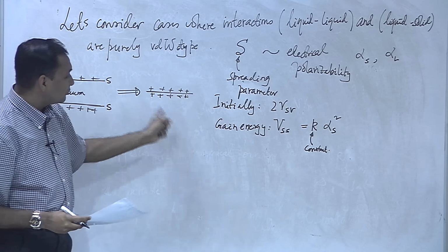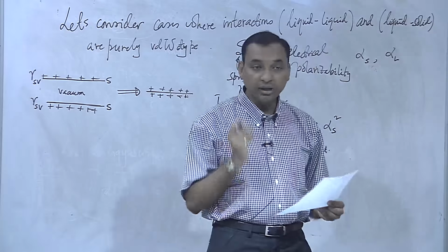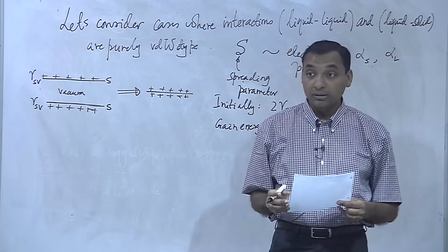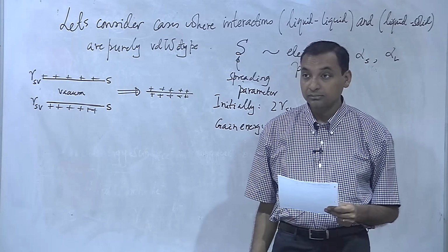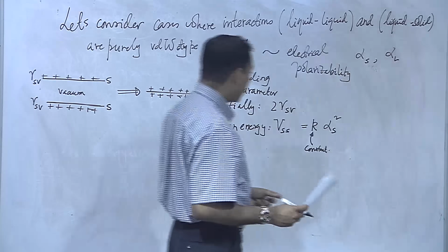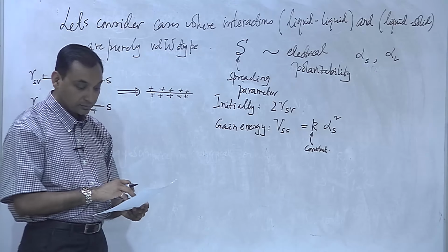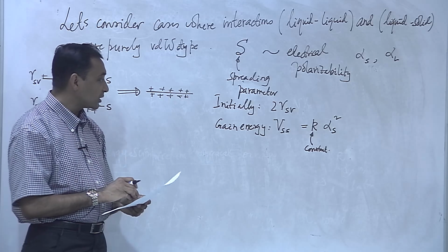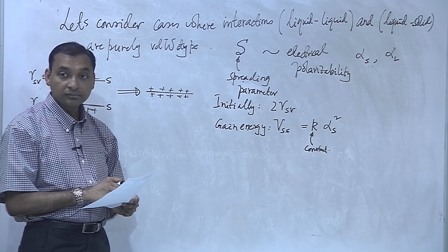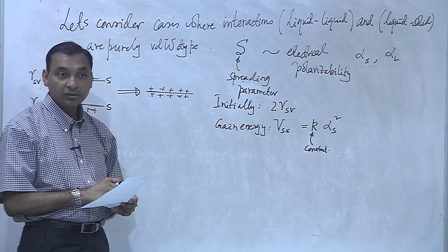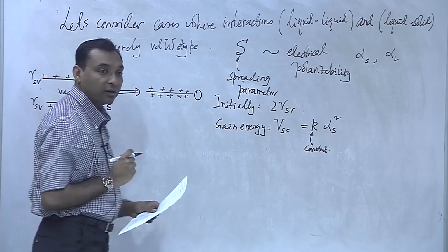What is the energy when they are in the final state, when they join together? What is the energy of that system? What is the surface energy of the resultant solid? The resultant energy is 0 here, right, when you have them both together.